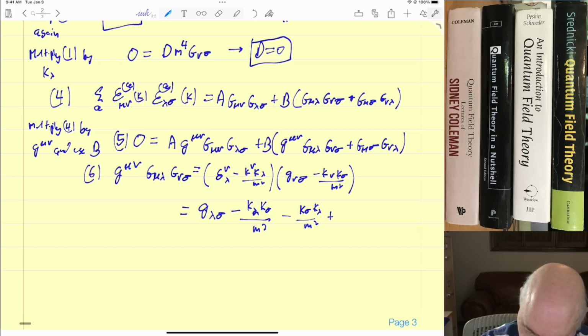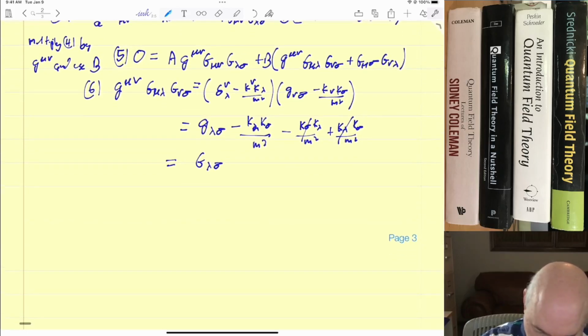So I'm going to get plus k lambda k sigma over m squared. So these two terms cancel. And our final result is this is just the definition of g lambda sigma. Okay.